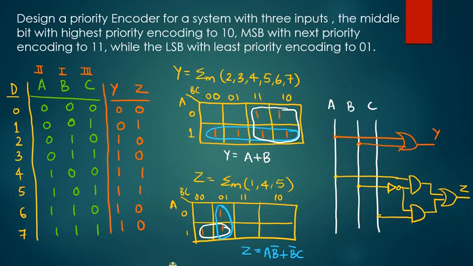I have drawn the logic diagram with inputs A, B, C and I obtain the output Y, and this is the output Z obtained by considering A B bar, where I have used a NOT gate for B bar, plus B bar C, and that has been ORed to obtain expression Z.